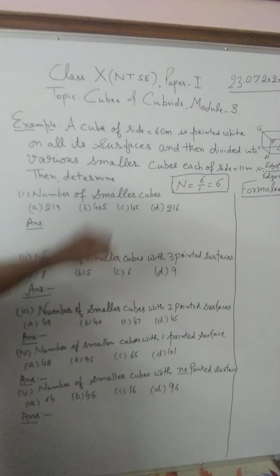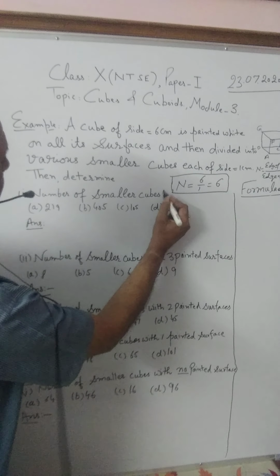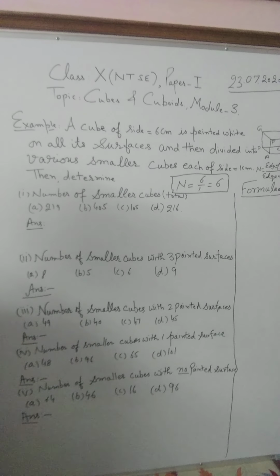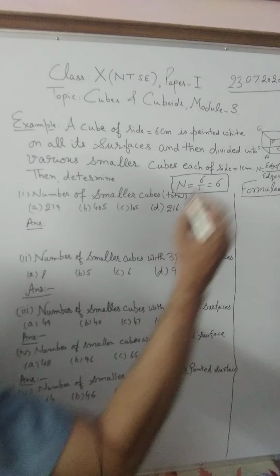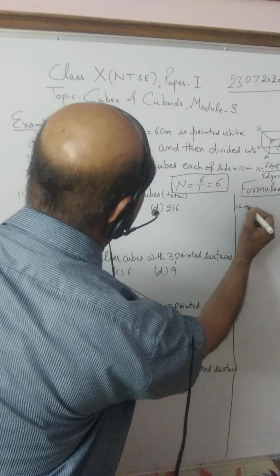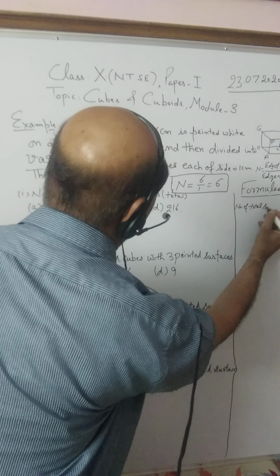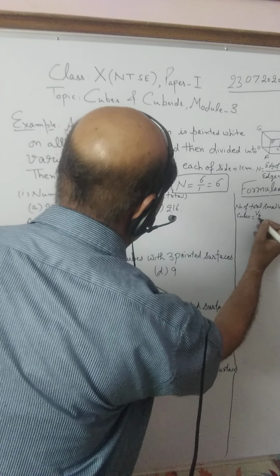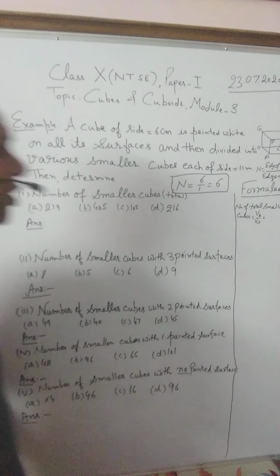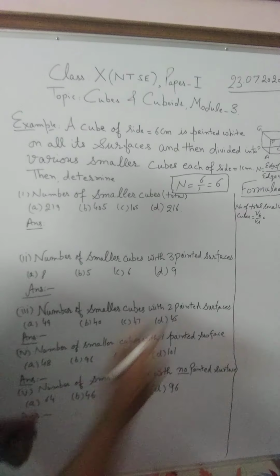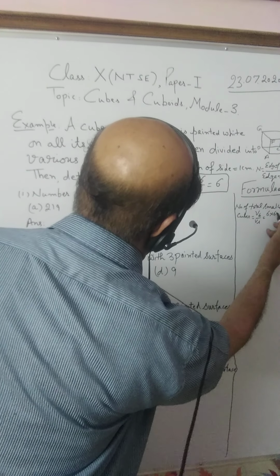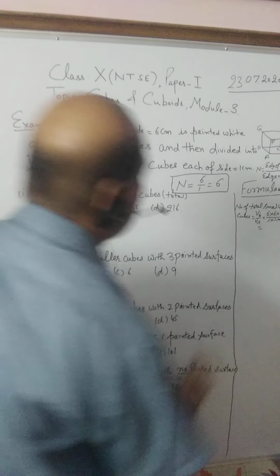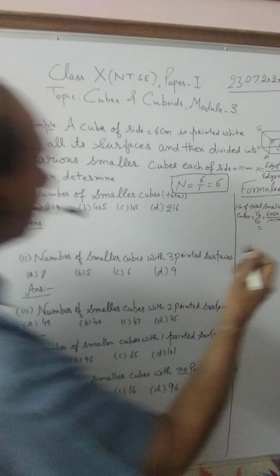Now the question is the number of smaller cubes. Here it is taken as total number of smaller cubes, and the formula is number of total smaller cubes is equal to volume of bigger cube divided by volume of smaller cube, that is equal to 6 into 6 into 6 divided by 1 into 1 into 1, that is equal to 6 into 6 is 36, 36 into 6 is 216.